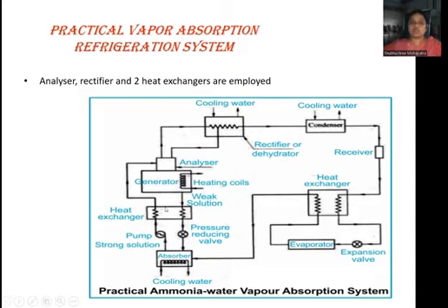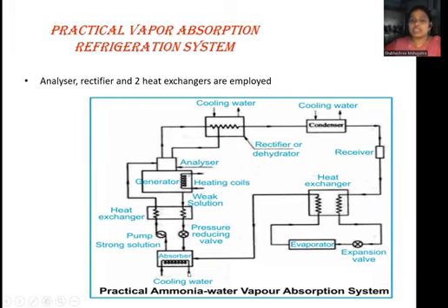With this, the strong solution gets heated and the weak solution gets cooled down a little. As the strong solution is heated here, less heat will be required at the generator. And as the weak solution is cooled down a little because of the heat exchange, the energy supplied for cooling the absorbent will be less.